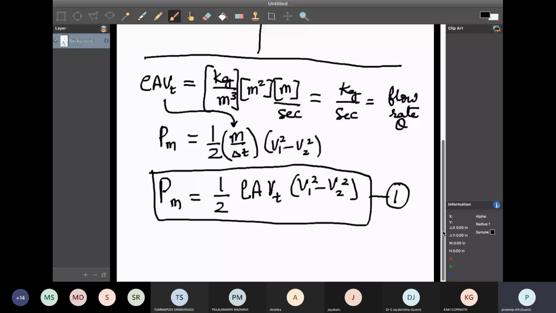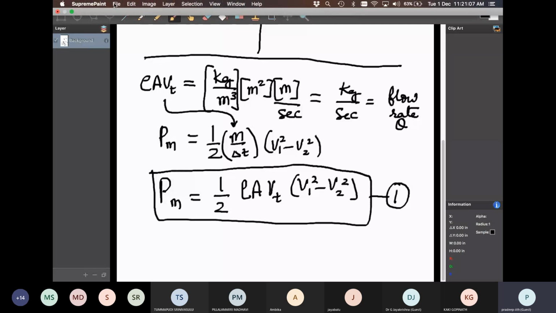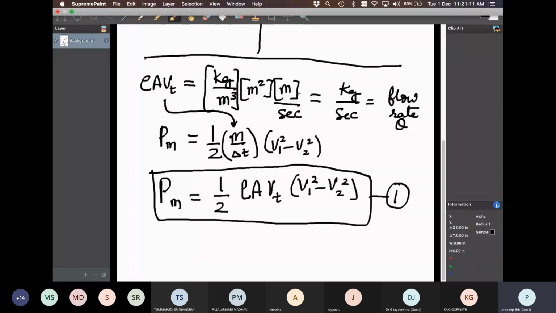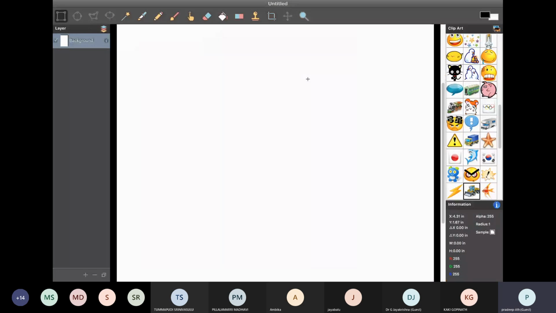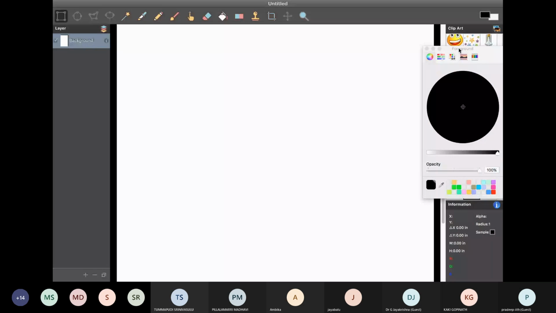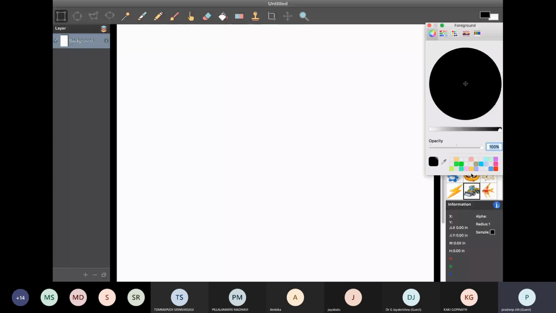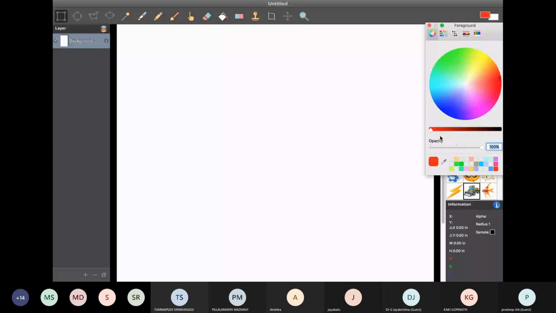Now, I want to further eliminate this Vt and find out the relation of Vt in terms of V1 and V2. So how to do that? We all know that F equal to ma.